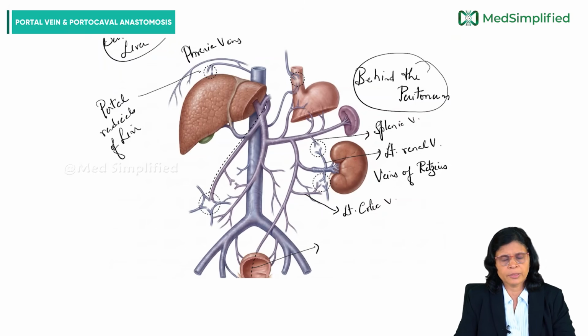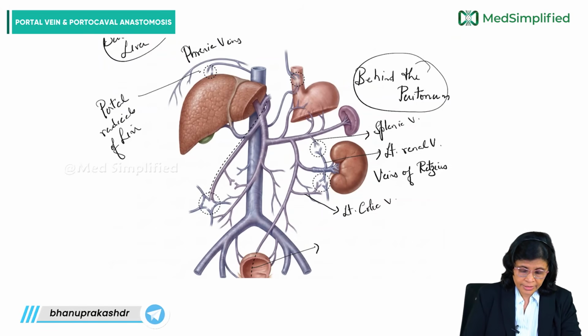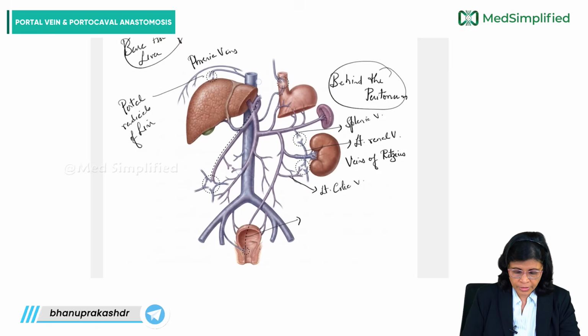With a number of small veins, they will anastomose with each other. So this is the other site, the bare area of the liver.